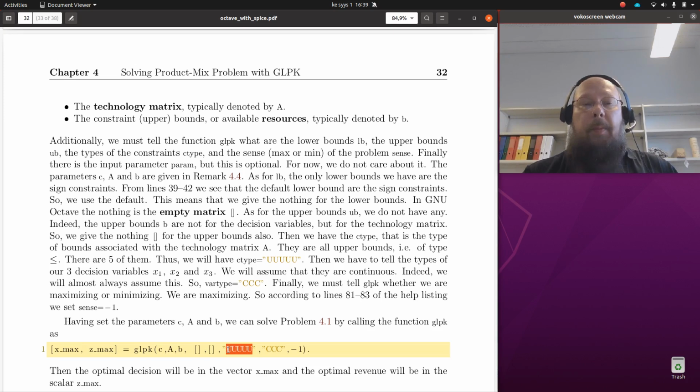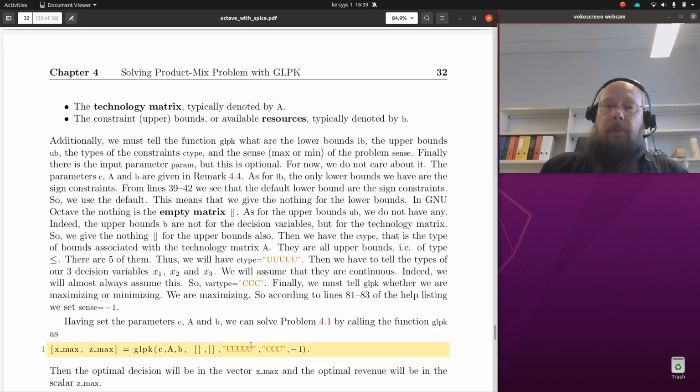U is for an upper bound, and I have to put them in quotations because this is a string of U's. Otherwise it would be understood as variable names, capital U, capital U, capital U, and so on, and they would have to have some value. So this is a literal, not a variable.